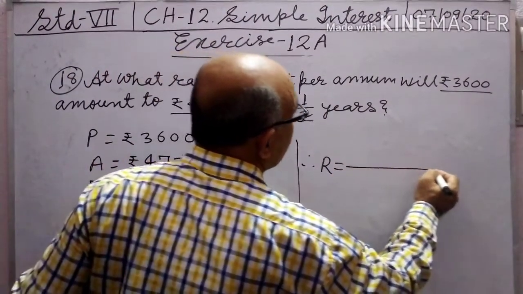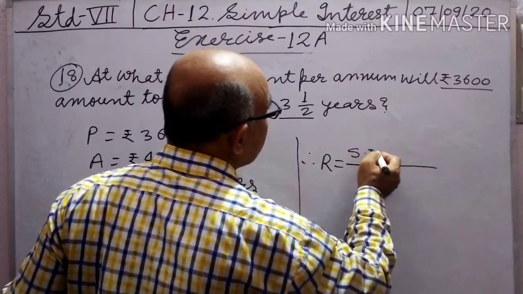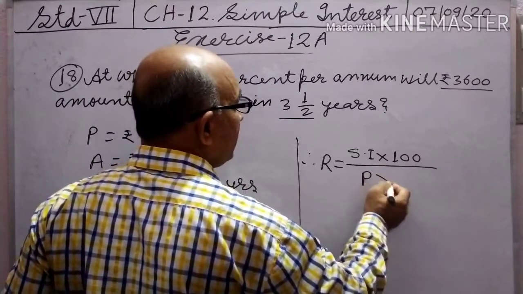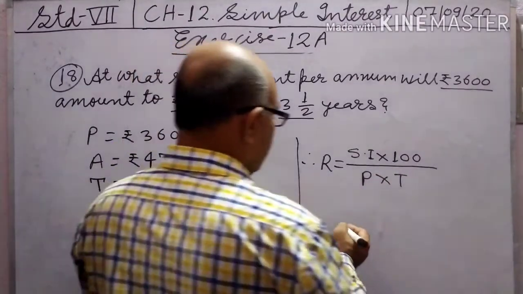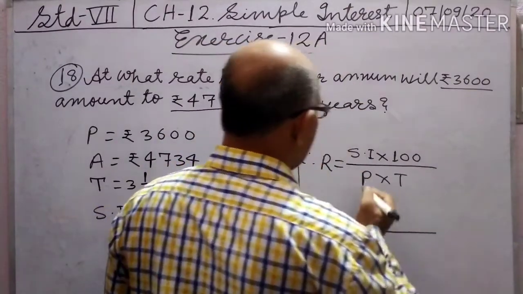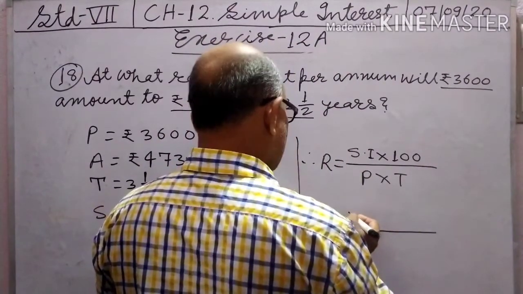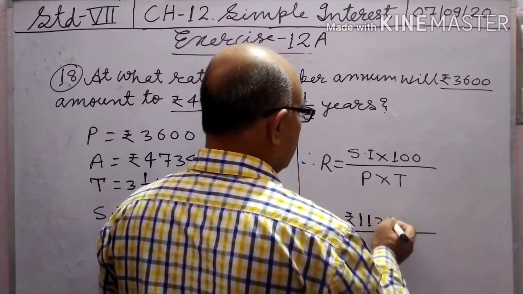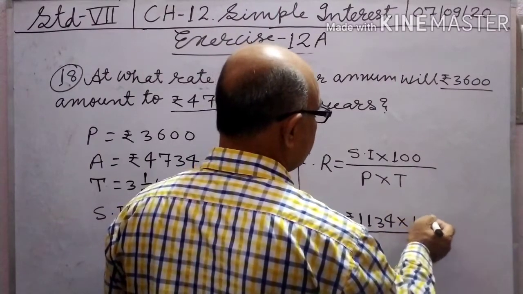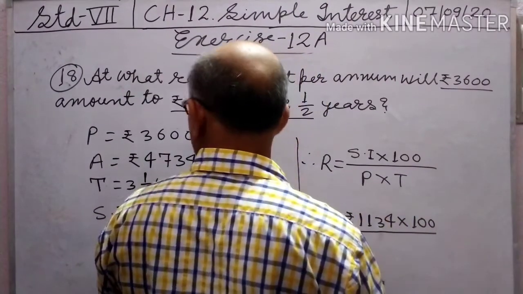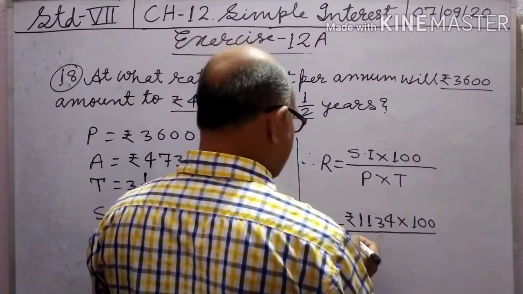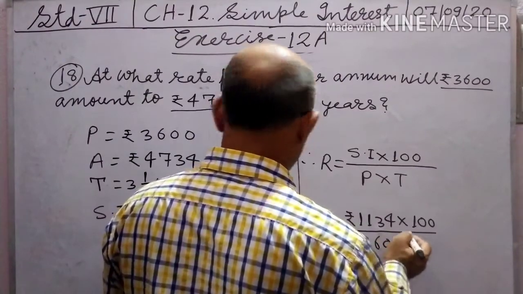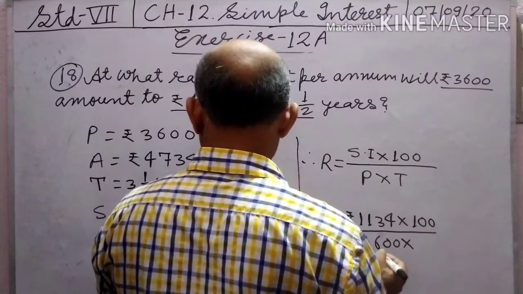R equal to, formula is SI into 100 by P into T equal to, SI is rupees 1,134 into 100 by P. P is rupees 3,600 into T, 7 by 2.